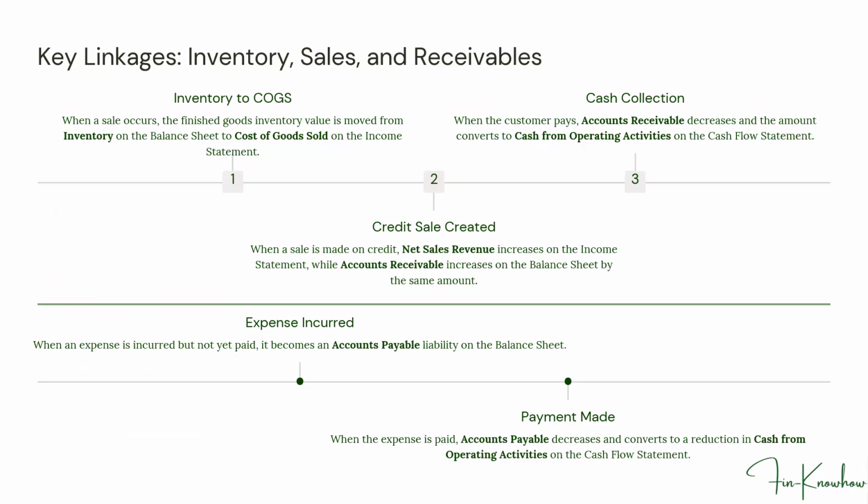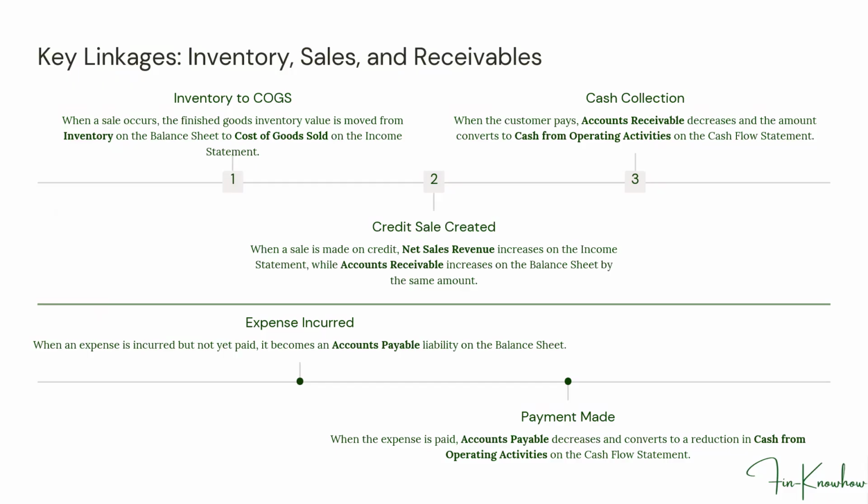The first example that I'm going to use is the connection between inventory, sales, and receivables. Okay. In fact, I would say payables too. So let's say you are a shoe manufacturer, you have shoes sitting in your inventory, shoes that have been manufactured and ready to go.